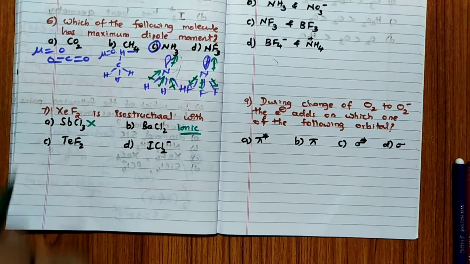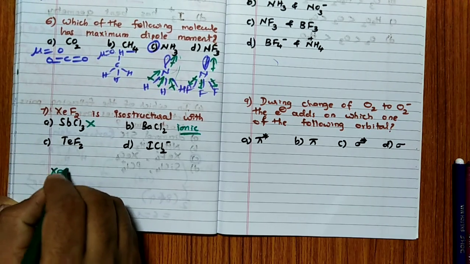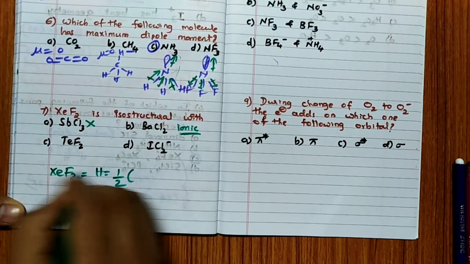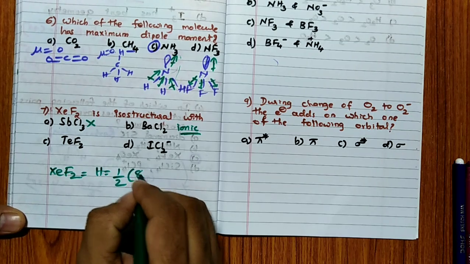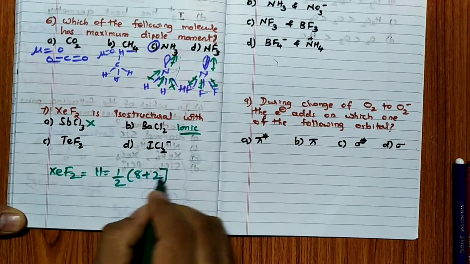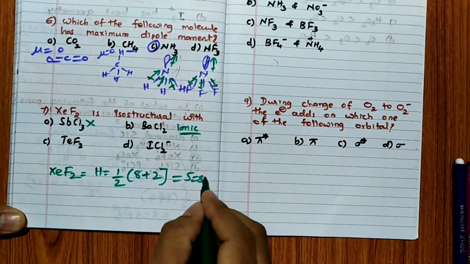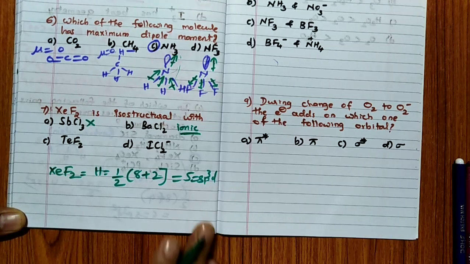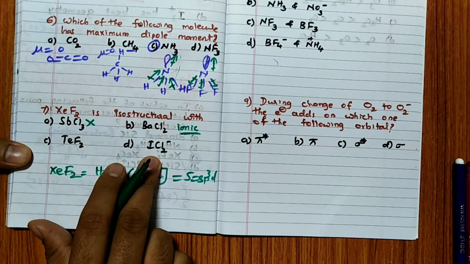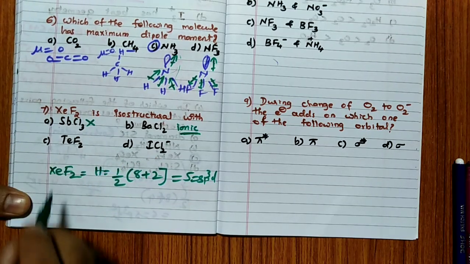So now you can see the hybridization of HCF2. H is equal to half into Xc, which is 8 valence electrons, plus 2 for F2, plus 2, divided by 2, because there is no charge. So 10 by 2 is 5, which means sp3d. Correct? Now if the hybridization is sp3d here or sp3d here, definitely we will get the answer. Now you can see tellurium, TeF2.